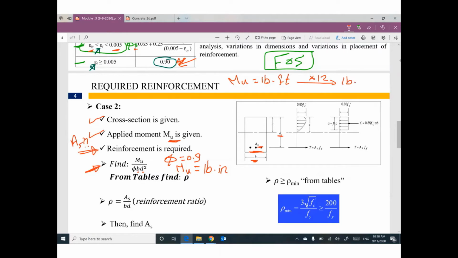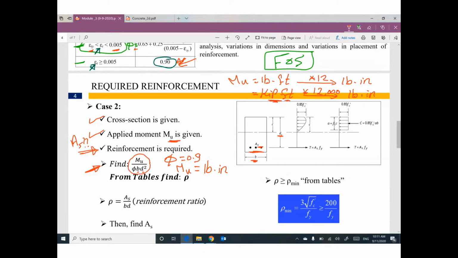If your moment is in kip foot, we prefer this unit for moment, go ahead and multiply it by 12,000 to get pound inch. 12 for foot, 1,000 for kip to get pound. Okay? Then go ahead and find this number.